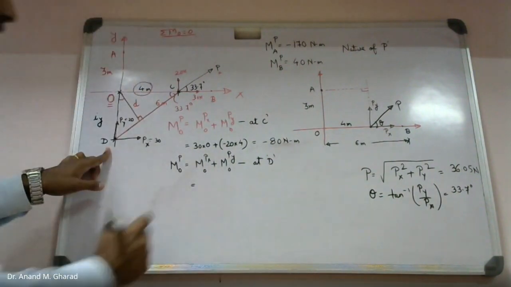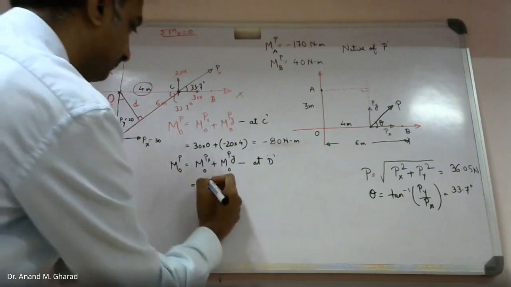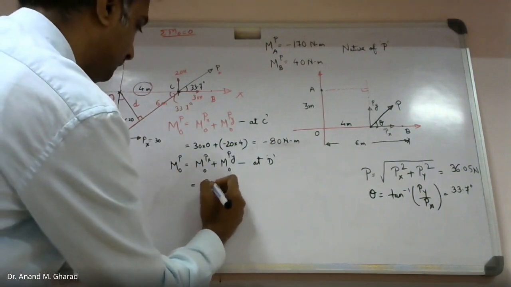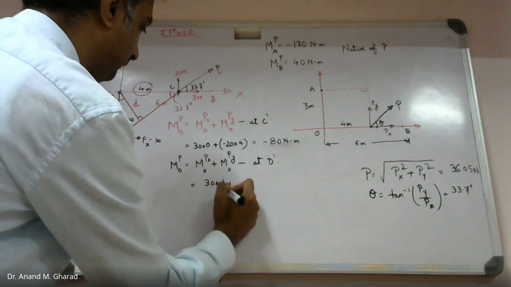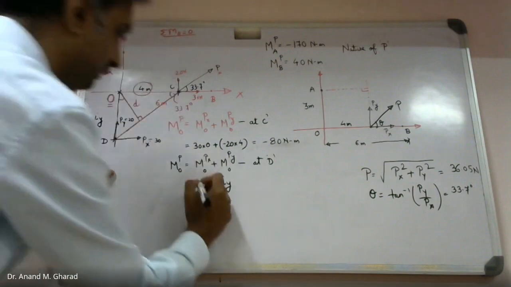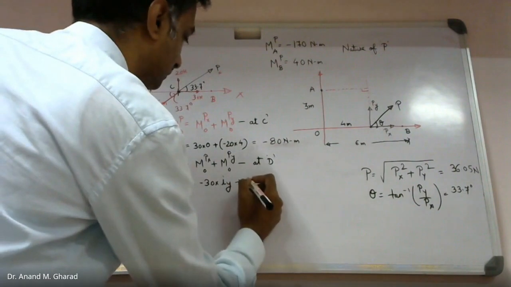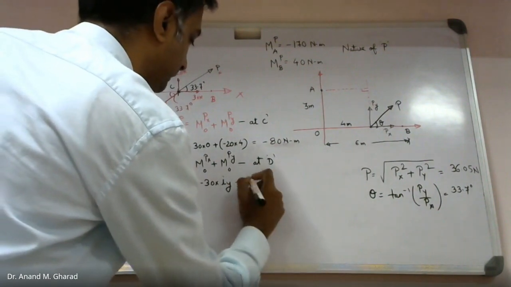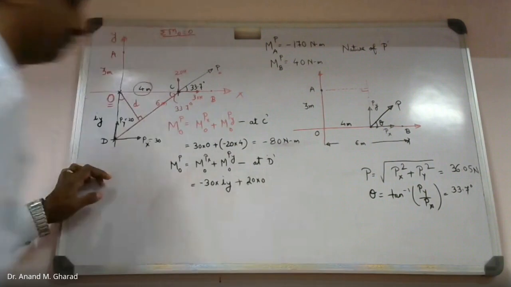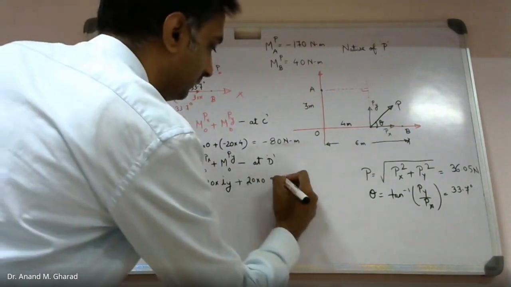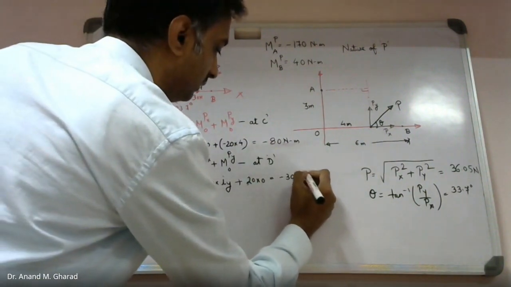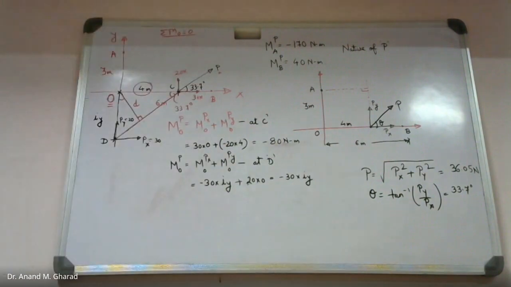So how much is this value? 30 into IY, but this is rotating in the anti-clockwise direction, plus PY or 20 into 0. So this comes out to be -30 into IY. Correct?